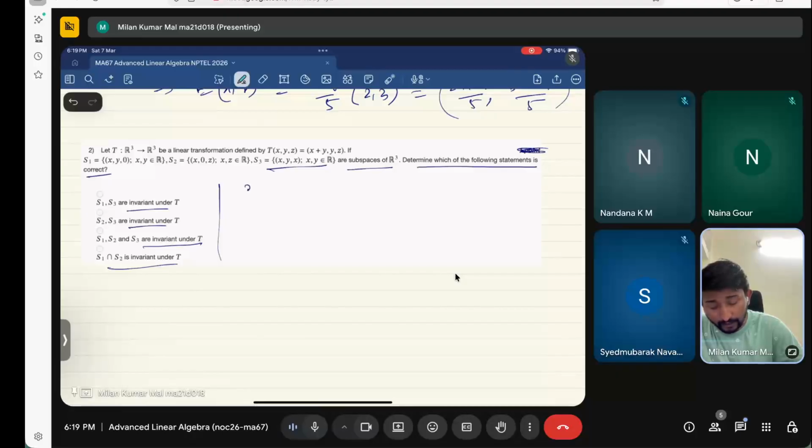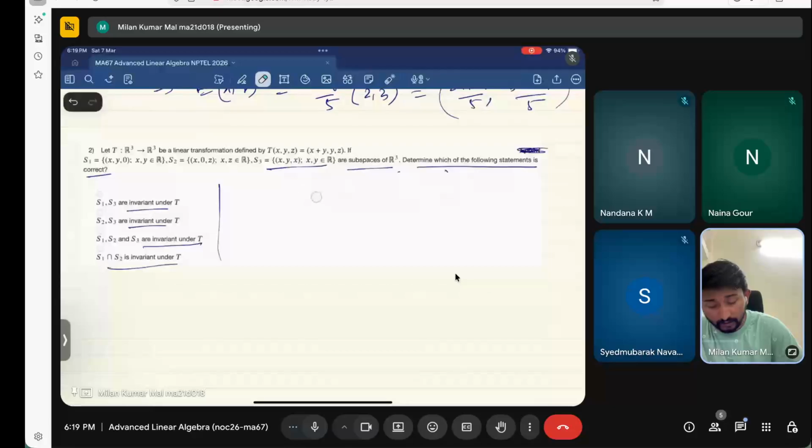So any element in S1 must look this way, belonging to S1. So where will it go? Recall what is meant by an invariant subspace. I have already discussed it previously, but still recall it once.